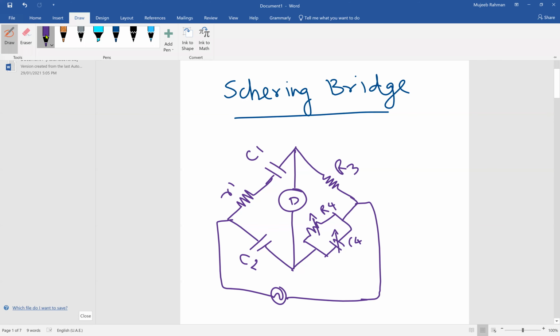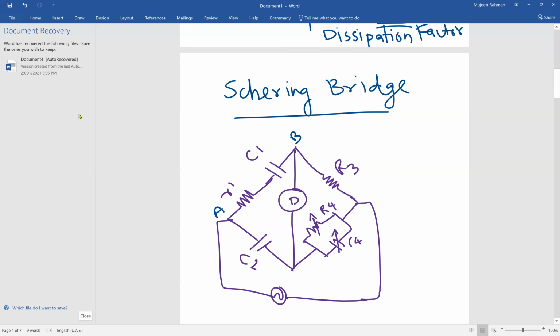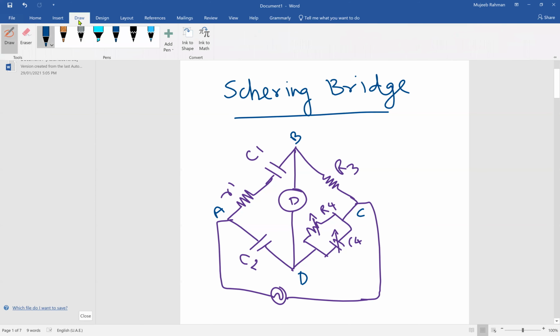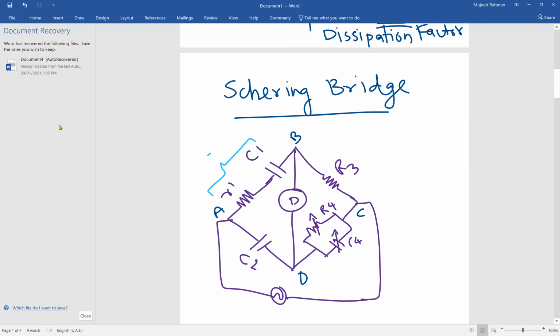We are just going to mark the nodes as A, B, C, and D. Also, just for your convenience, we are going to mark each arm: this is Z1, this is Z3, here is Z4, and here is Z2.